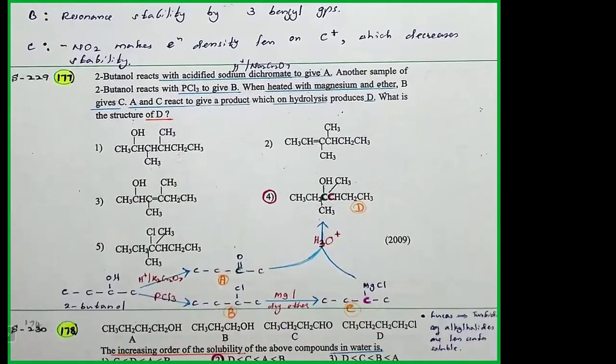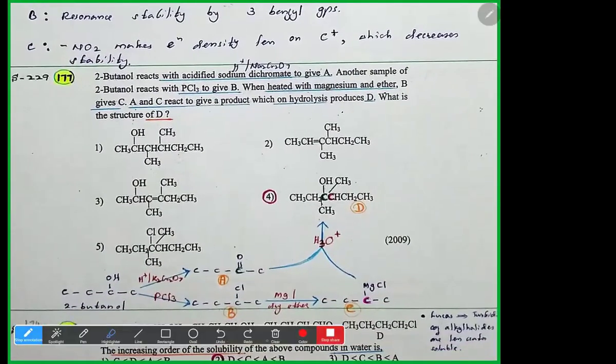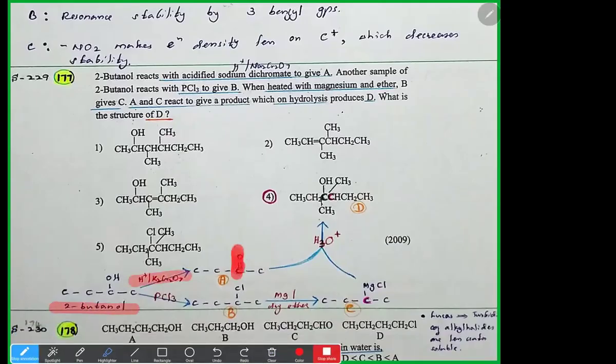177. This is extremely easy. You have this 2-butanol oxidizing to a ketone, leave it there. PCl3 gives the haloalkane, then the Grignard. Then you are mixing these two together. This C minus is attacking onto this carbon.